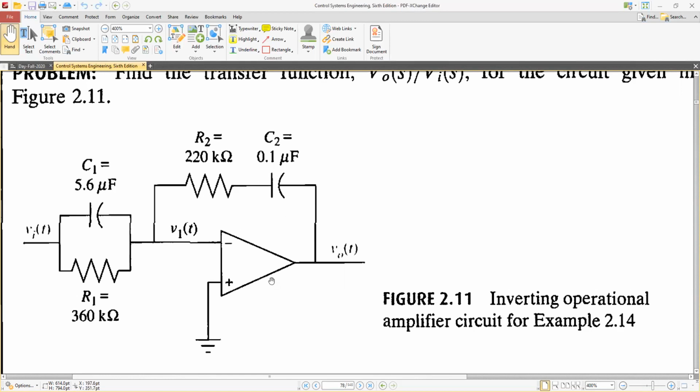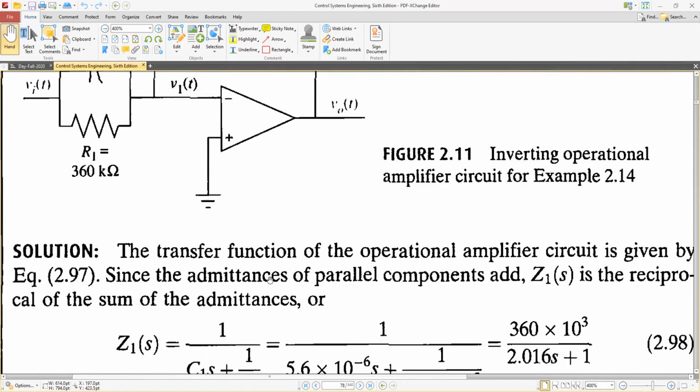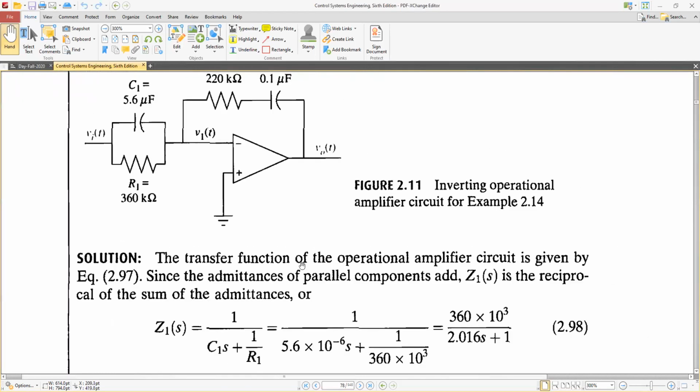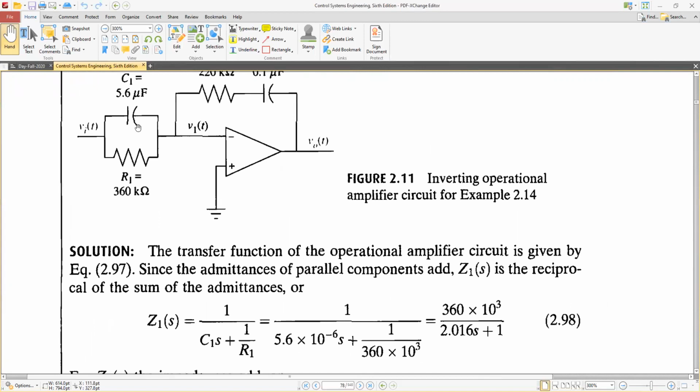Now, what is the Z1? Z1 is 1 by C1s plus 1 by R1.